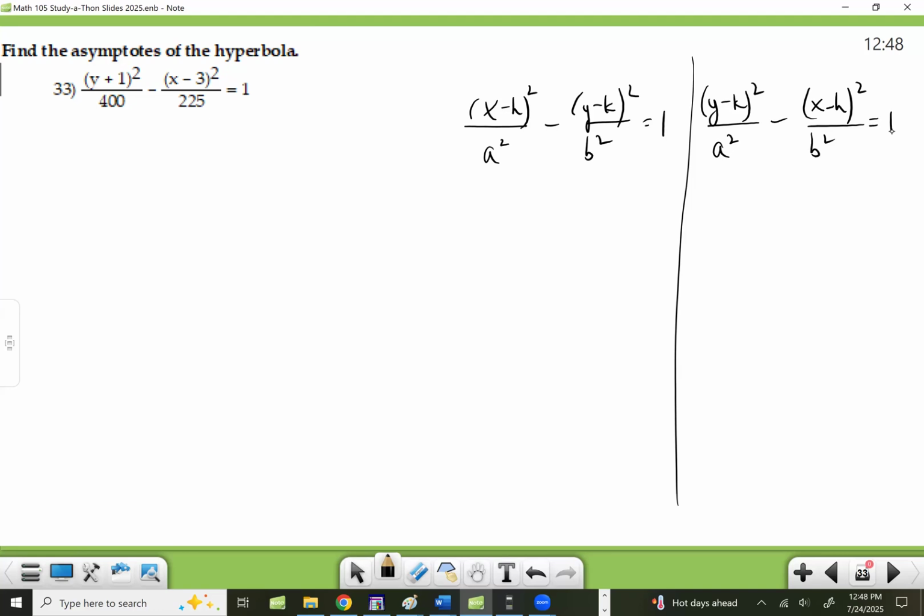Now, in the event that the x is first, then this is going to be the formula for your asymptotes. Sorry, it's hard to talk and write these formulas down at the same time. Let me go ahead and label that.